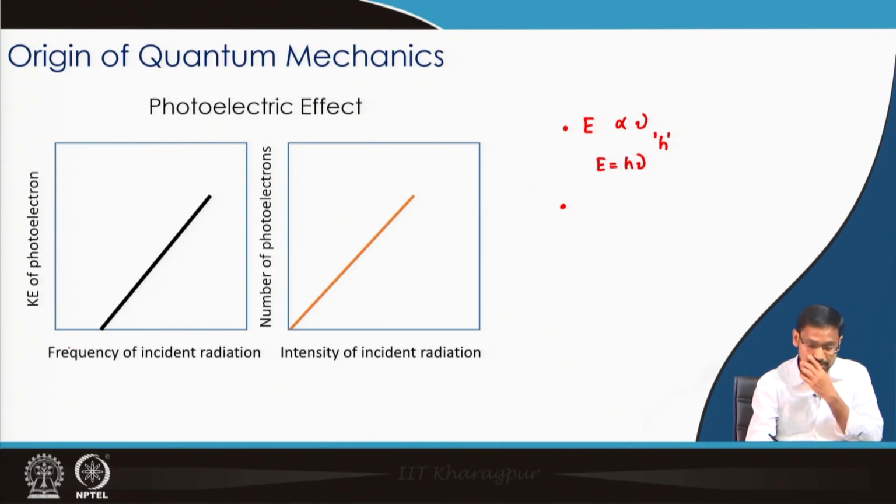So the two concepts that Einstein proposed are that light has particle-like nature, and that the energy of the light comes in photons, and the metal absorbs the light energy in terms of these photons.